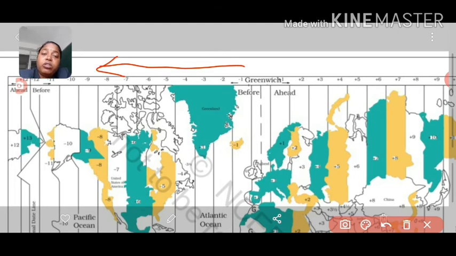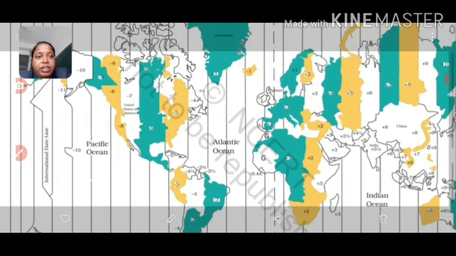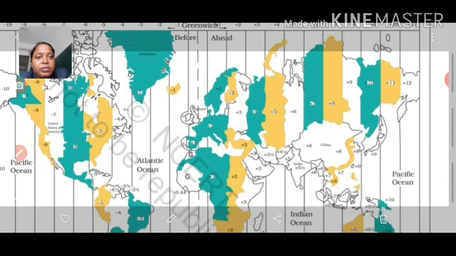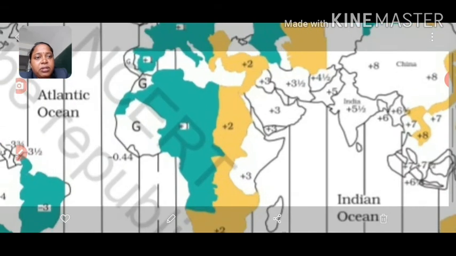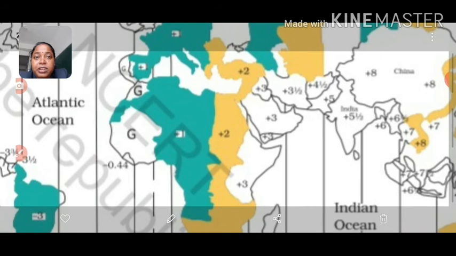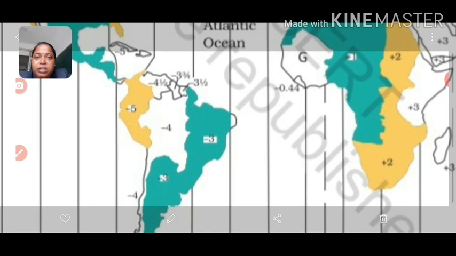Okay, when it is going west to east, it is going towards the day timings. Okay, so like this you can also see the portions where we will get the day timings and where we will get the night timings. Okay, see here, it's written here, see, +2 means going towards the what? Day timings. Okay, -3 means going towards the night timings.